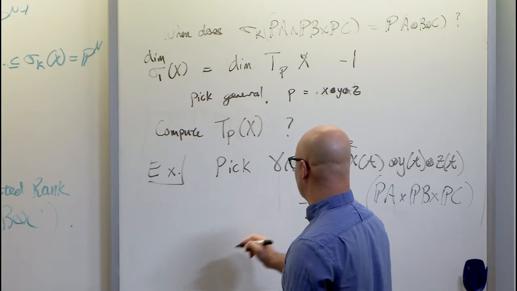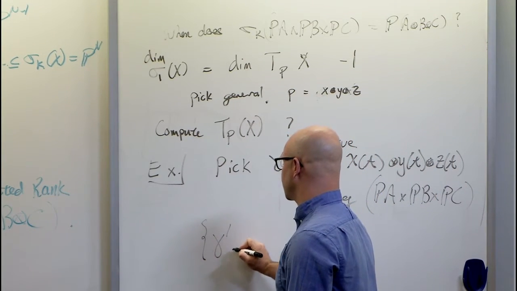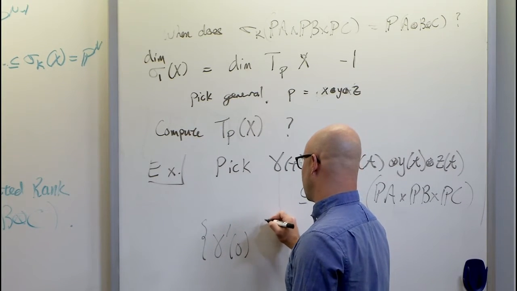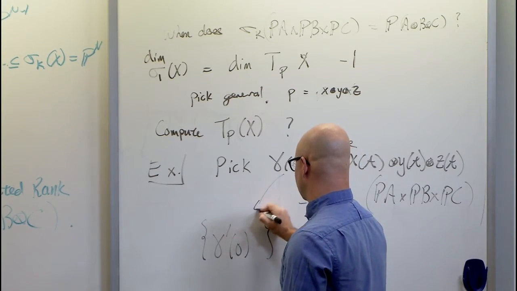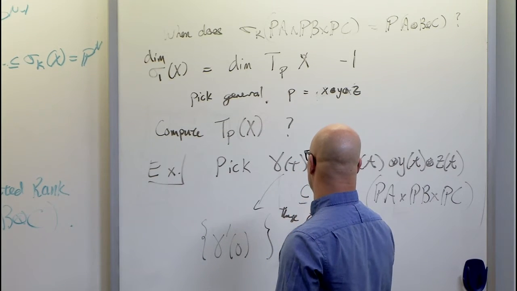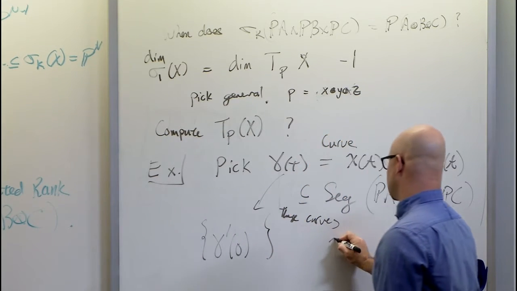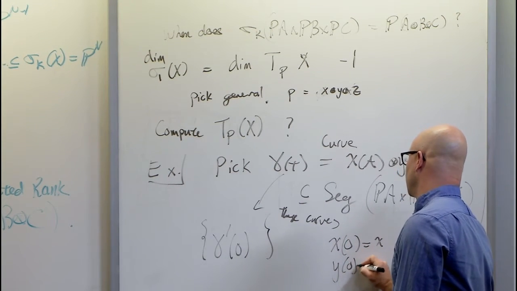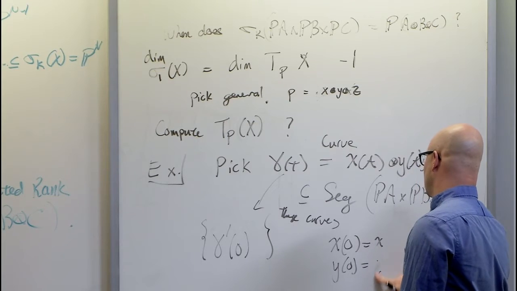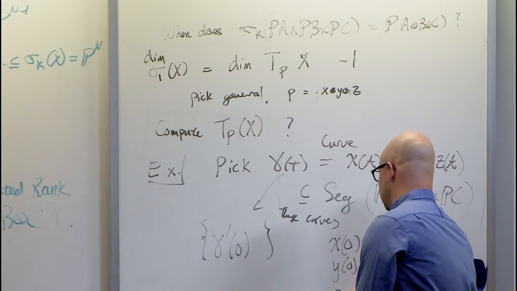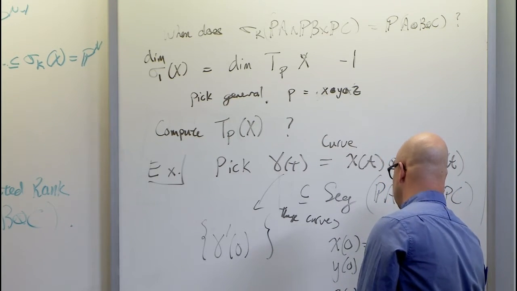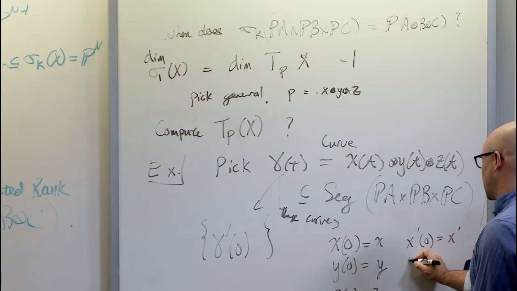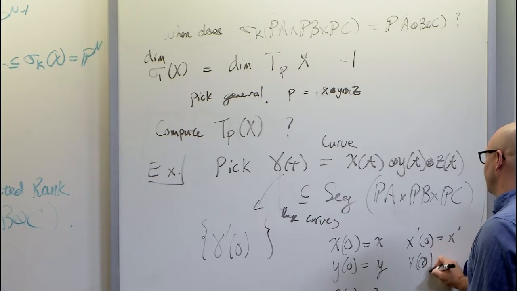So I have a curve, and I'm going to take the collection of the tangent directions at 0 for these curves. So what I mean is that I want x of 0 to be equal to x, and y of 0 to be equal to y, and z of 0 to be equal to z. And while I'm at it, let me tell you what the derivatives are going to be, denoted x prime, y prime, and z prime.